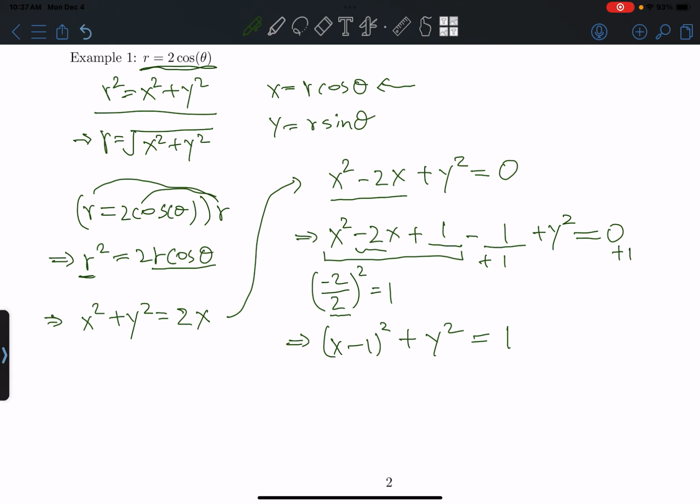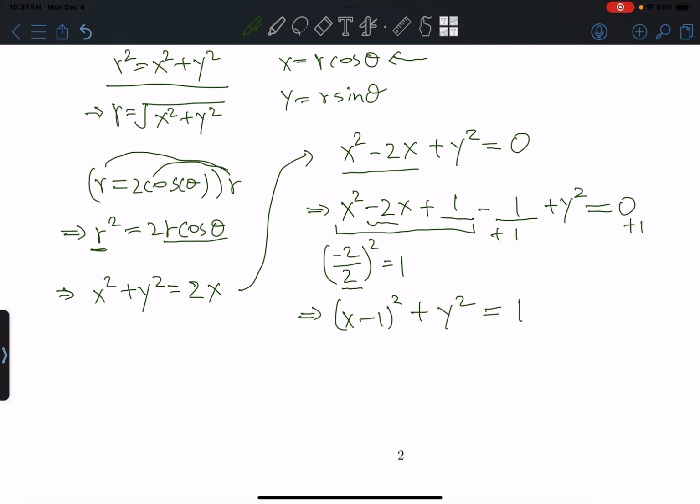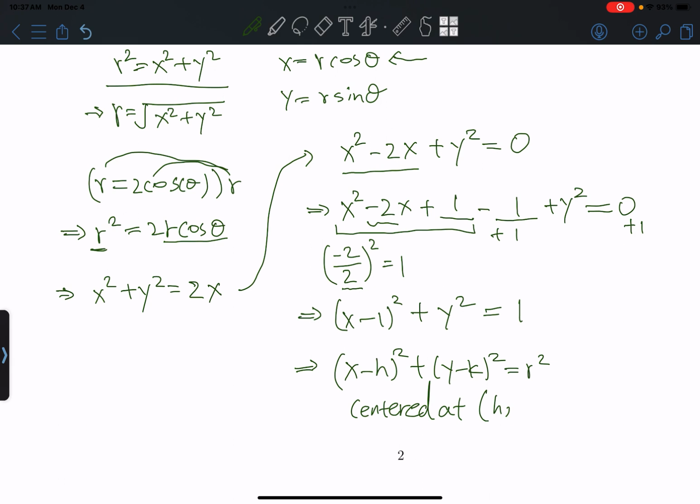And what this does is tell us exactly what shape this is. If you still have a little bit of trouble recalling what this is, remember that the equation of a circle is x minus h squared plus y minus k squared equals r squared, where of course this is a circle centered at h comma k with radius r.